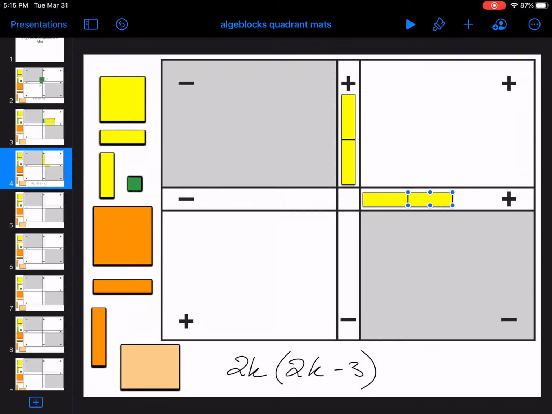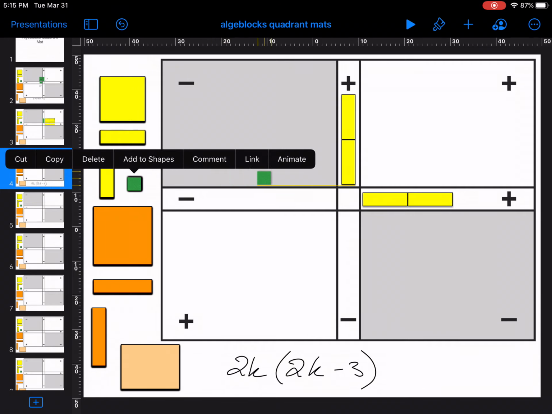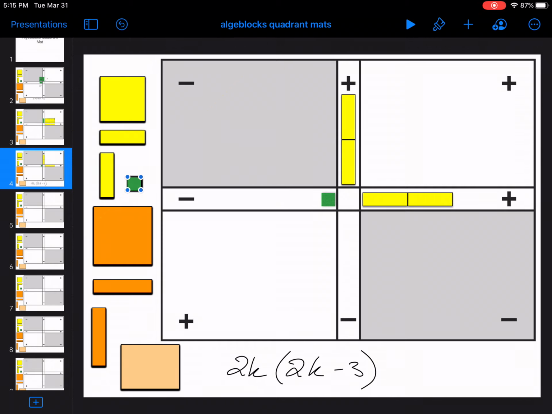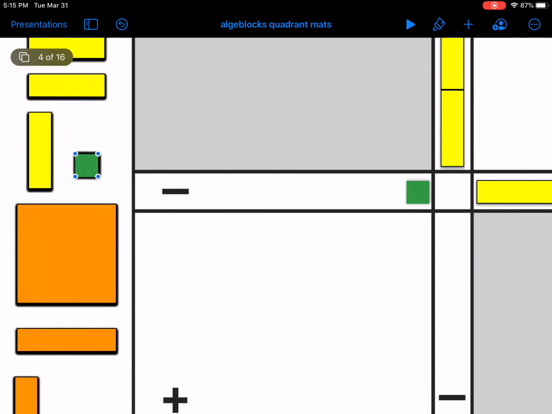So there's the 2k, but where's the minus 3? Well, the whole horizontal factor should be representing 2k minus 3, and the 2k was positive, but the 3 is negative, so the 3 would have to go on the negative side of the factor track.